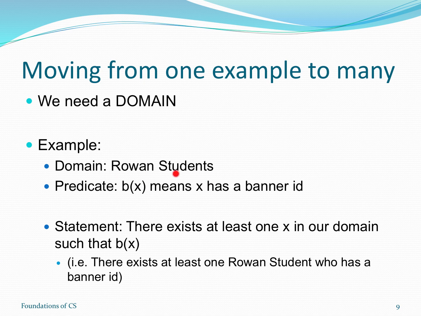In fact, every single element of my domain has a banner ID. If I run B of X on anything in my domain, it's going to return true. But that doesn't matter if I'm trying to say there exists at least one. That's true too. All of them have banner IDs, but that also means there's at least one of them.